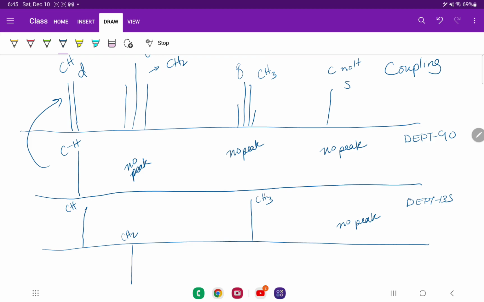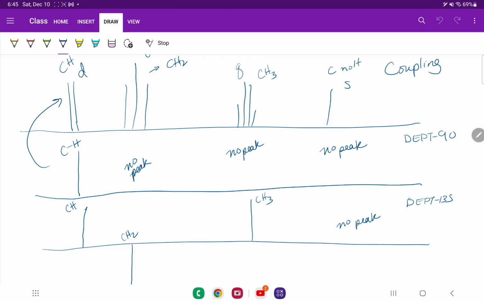The other thing that it's helpful for is running them both. A DEPT 135 alone is only going to be able to give us whether it's a CH or a CH3, we can't actually tell the difference, right? Because they're both positive. But running DEPT 90 helps us differentiate between a CH and a CH3. So if you run both, and it shows up on the DEPT 90, then you know whatever that peak was, it was a CH.